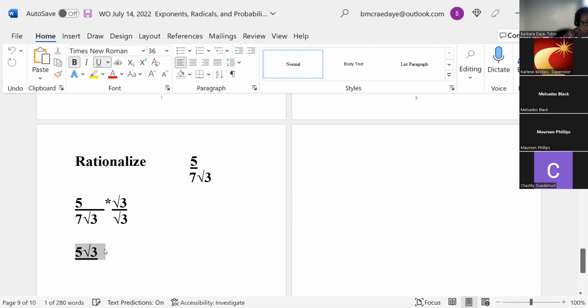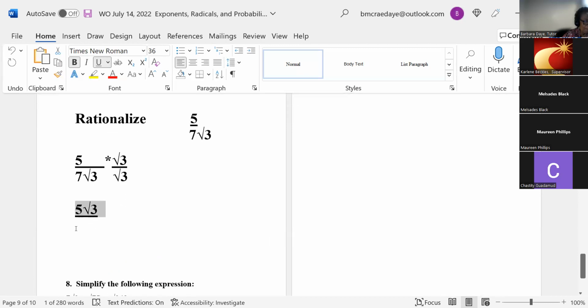Now, Mercedes, what do we get in the denominator? 7 times square root of 3 times square root of 3. What is that equal to? It's 7 multiplied by 3.